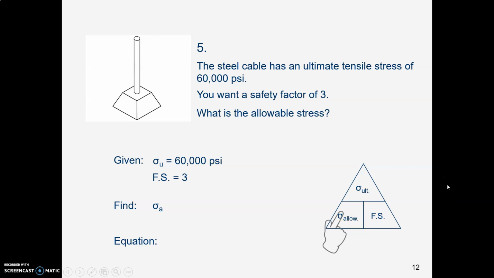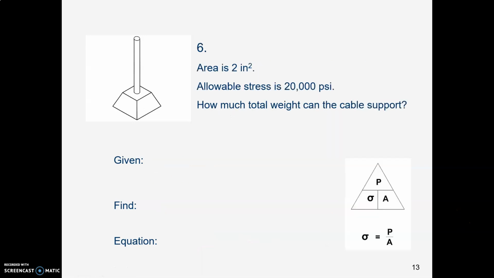We're looking for allowable stress, so we'll cover up the one we don't know. That leaves us with ultimate stress divided by factor of safety. That will give us the allowable stress. So you can plug 60,000 psi divided by 3 into your equation, and you'll find your allowable stress, which should be 20,000 psi. All right, and the area we already know is 2 square inches.